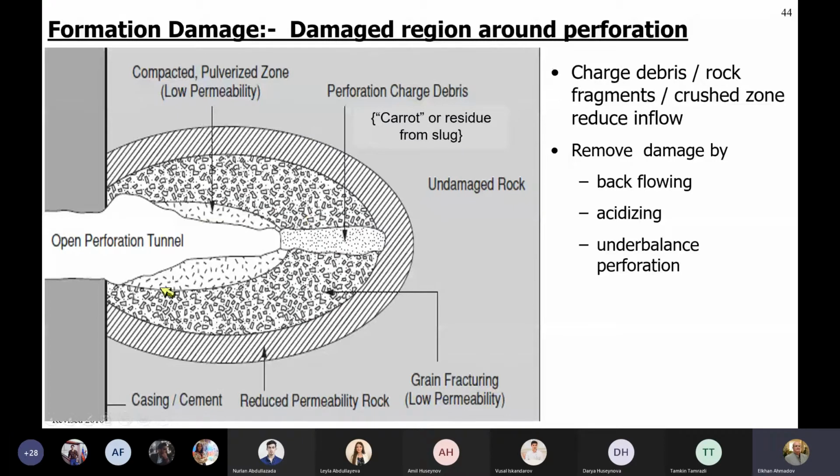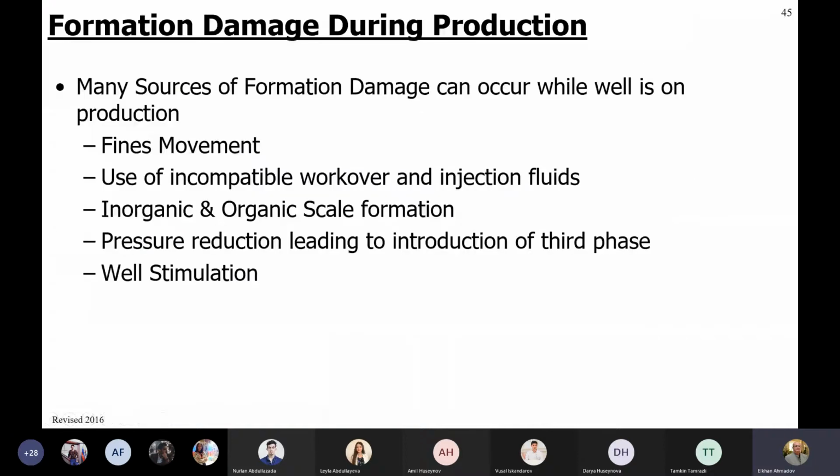During production, we have fines movement, use of incompatible workover and injection fluids, organic and inorganic scales, and pressure reduction leading to third phase involvement, and well stimulation.